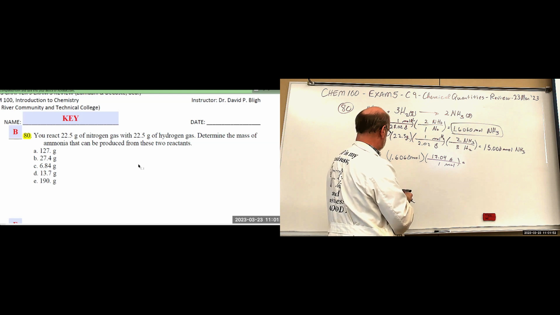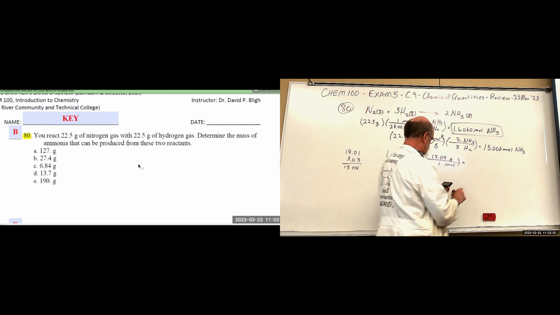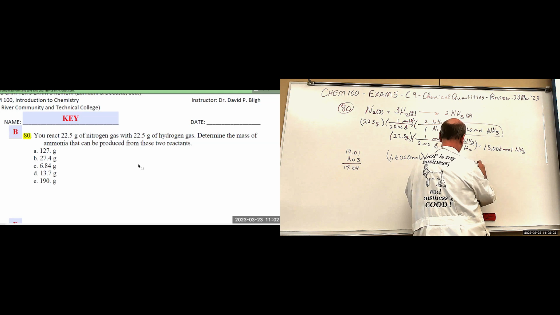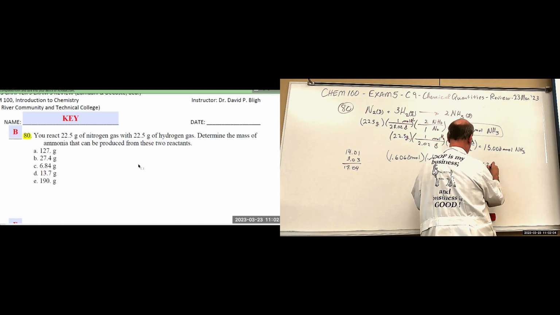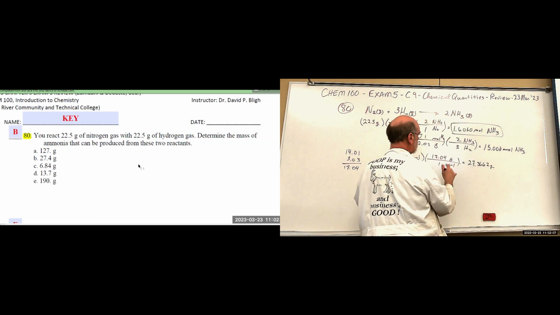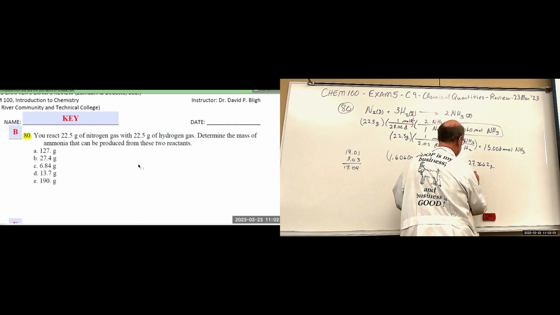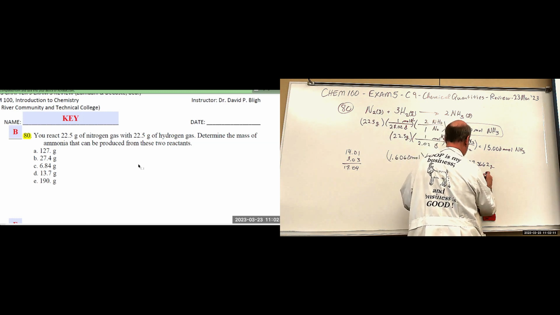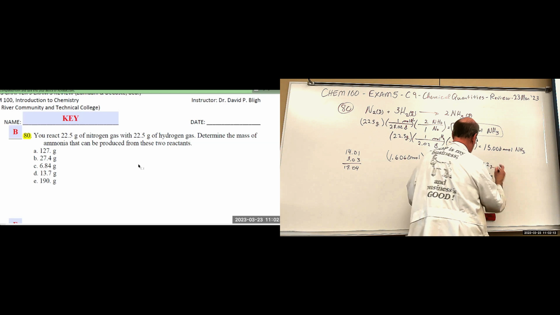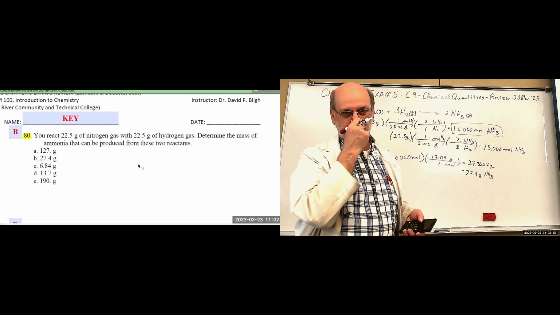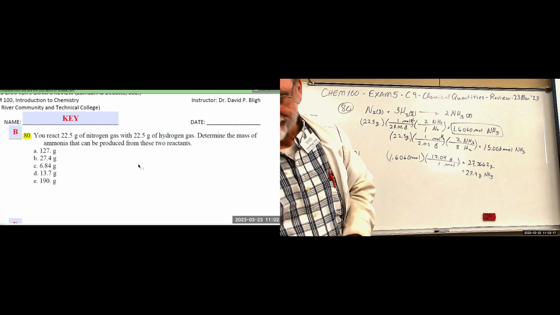Times 1.6060, let's see, we do that, and it's 27.3662 grams, rounded off to 3 places, 27.4 grams of ammonia. That would be B.